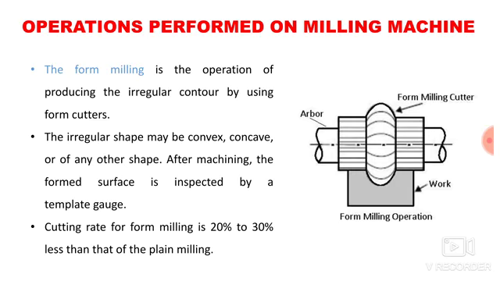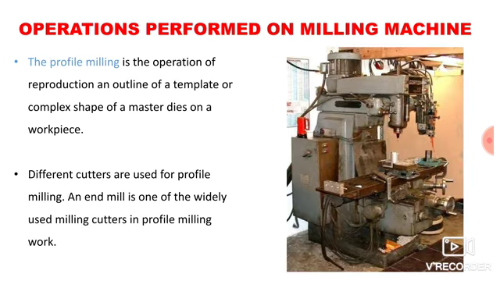The cutting rate for form milling is 20 to 30% less than that of plane milling, because here you are producing a particular shape or surface, and for that you have to keep the feed 20 to 30% less than that of your plane milling operation.